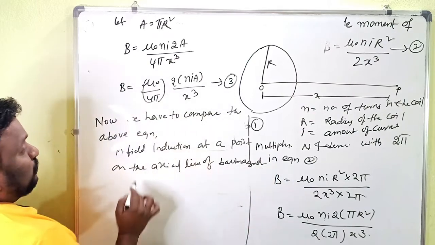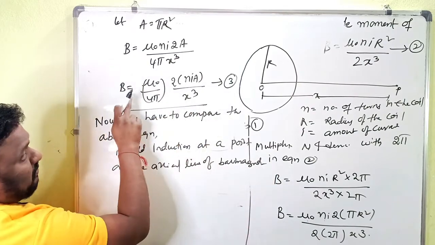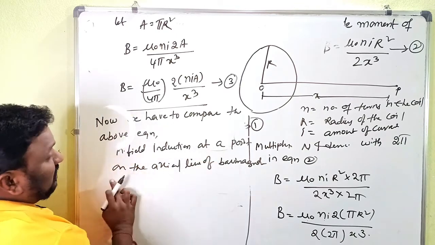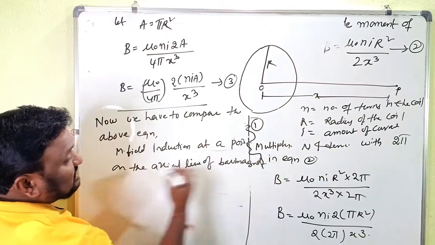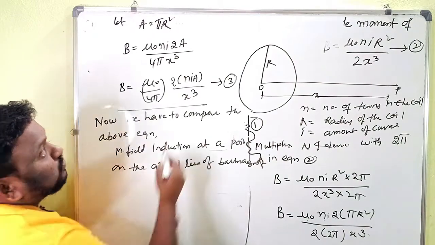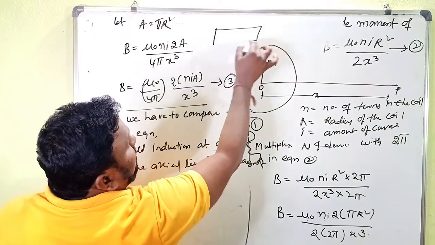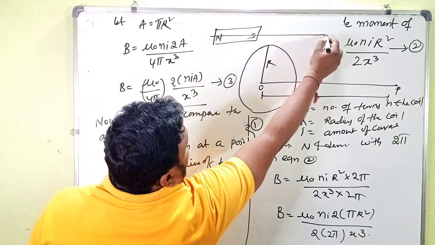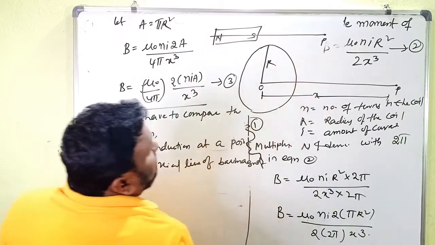Clear, children? So we have this equation. That equation can be compared with the magnetic field induction at a point on the axial line of a bar magnet. That means it is a short bar magnet with north and south poles, this is the axial line, and there is one point on it.